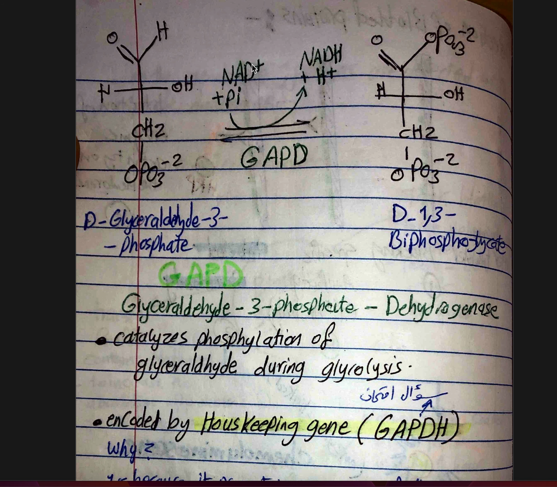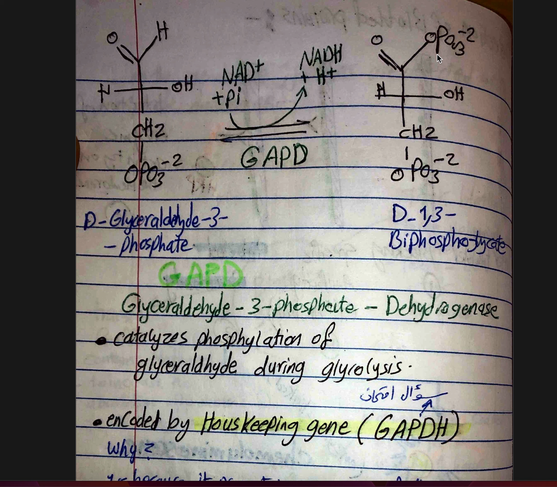As you can see, we add a phosphate group, so instead of 1 phosphate there are 2 phosphate groups, which means more covalent bonds. That's why we say 1,3-bisphosphoglycerate. But what is special about this enzyme is that it is a housekeeping gene.